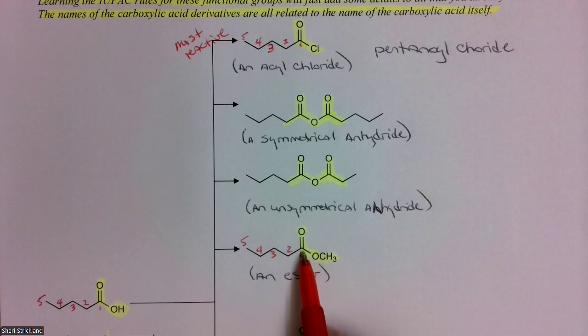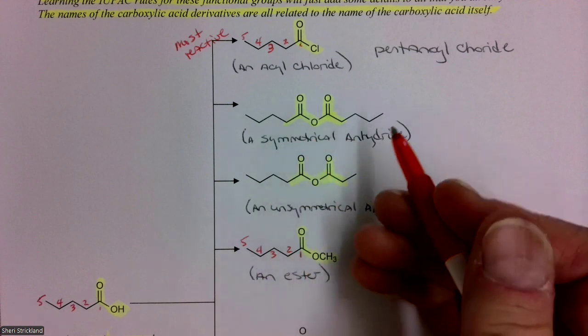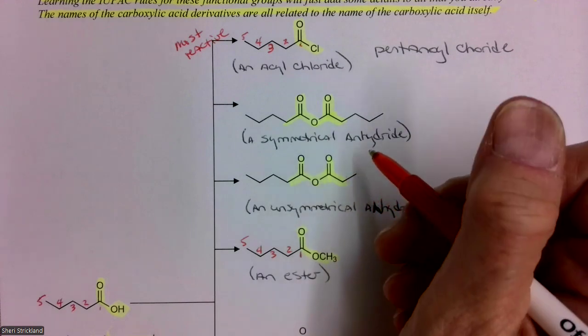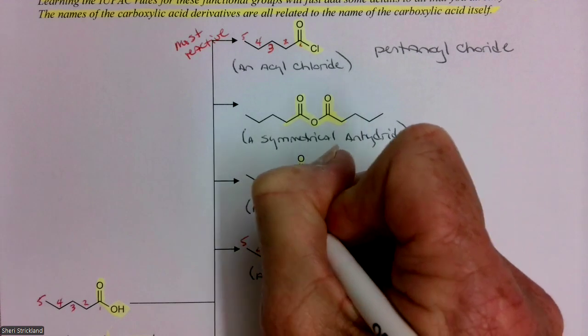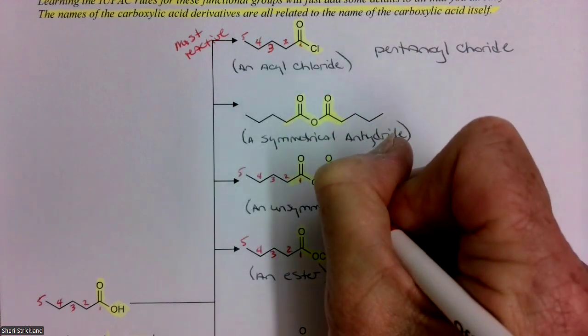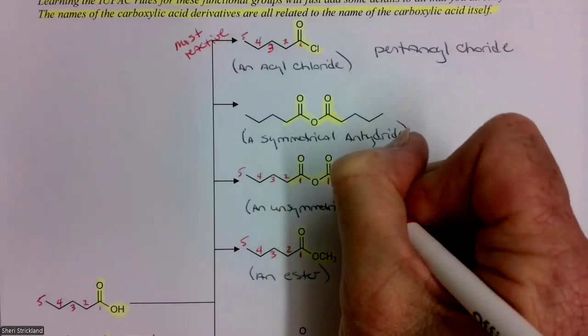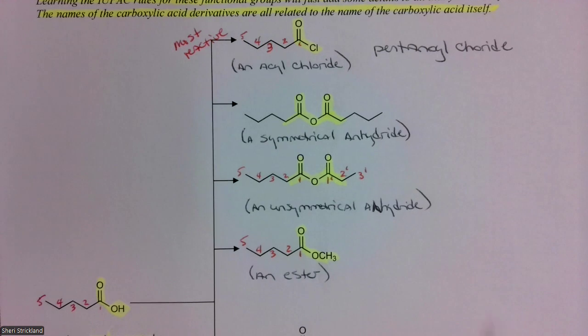That's the sp2 hybridized carbon that's involved in the double bond. And it's the first carbon of the parent. With the anhydrides, generally what you do is you have to number both sides. So I'm going to do 1 prime, 2 prime, 3 prime over here, just so we can count carbons.